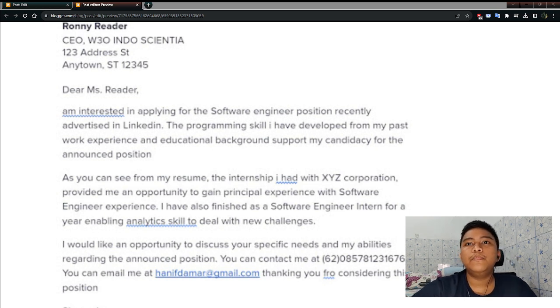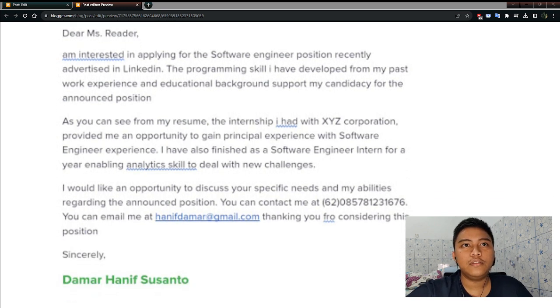Oh yeah, by the way, this is a part of the body structure of the letter. I wrote here the programming skills I have developed from my past work experience and educational background to support my candidacy for the announced position.